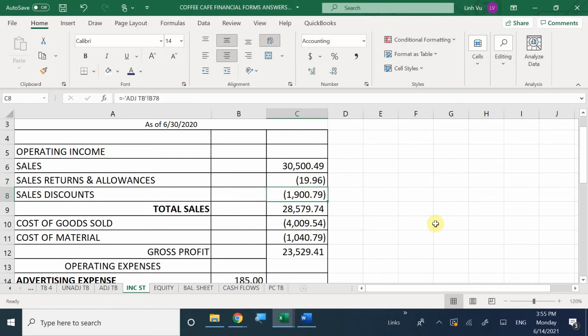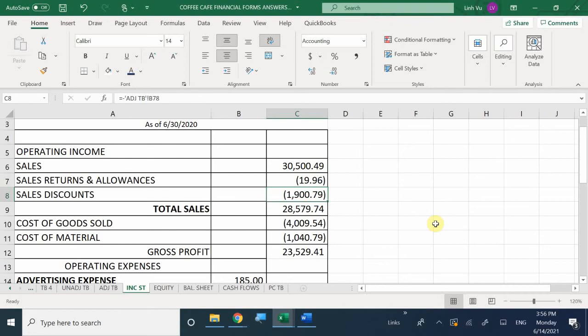Sorry. No worries. It's profit. The gross profit was the total sales and then the cost of goods and cost of materials. Yes, and because these are directly correlated, this is the expense it took me to sell the items. So you take sales and subtract those two numbers out.